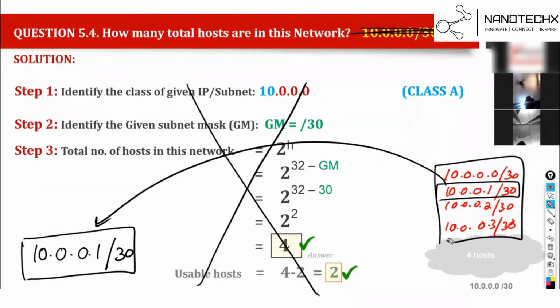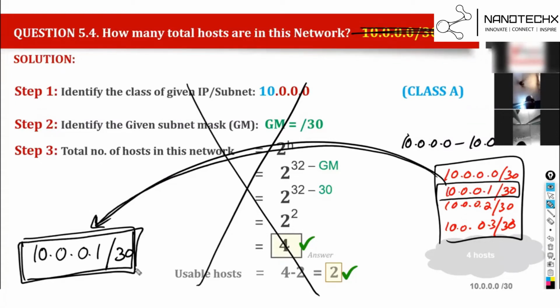If we know the whole background, we can see that the range is from 10.0.0.0 up to 10.0.0.3. But here he did a trick with us. He picked up this IP address and said, if you are so expert, can you tell me what is the original network from where this IP address has come?